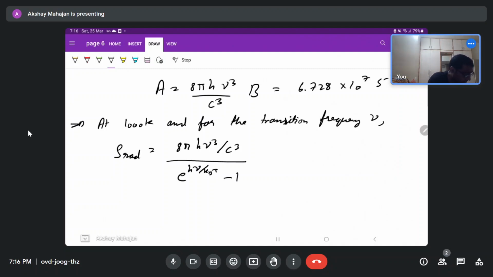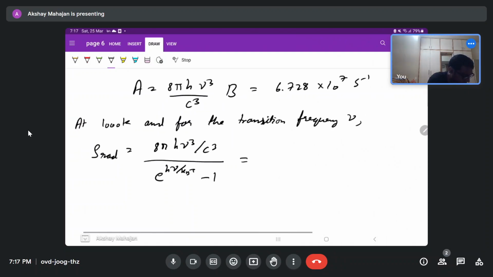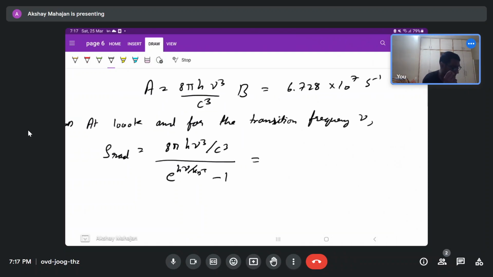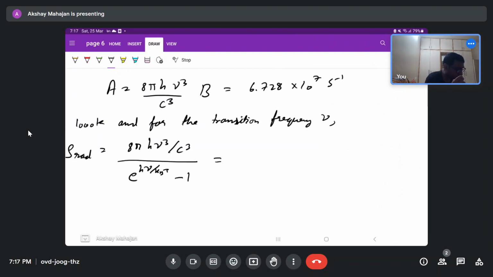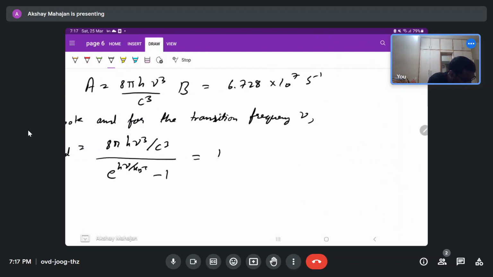So just put the value of nu in here, and the value of temperature T as well. T is fixed, it is 1000 Kelvin, the same for both formulas. And the answer that you will get is 1.782 into 10 to the power minus 23 joule hertz inverse per meter cube.